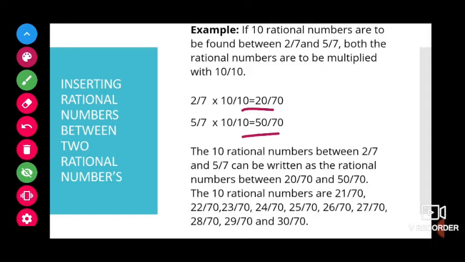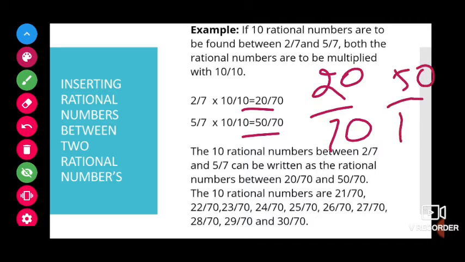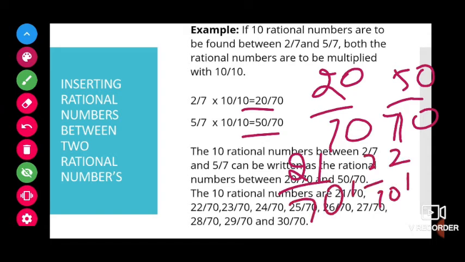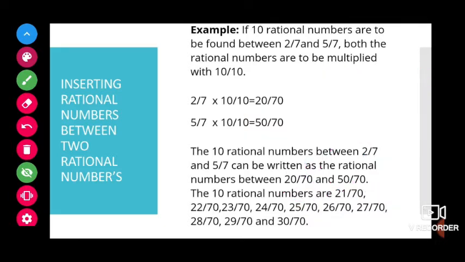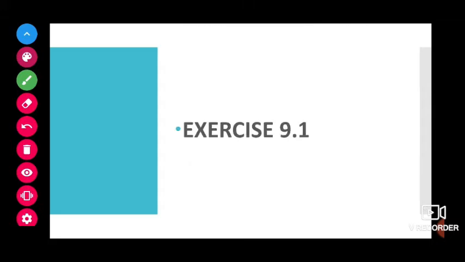Between 20 by 70 and 50 by 70 there are 21 by 70, 22 by 70, 23 by 70, like that till 50 we can write. Mostly 30 we can insert, but any 10 we will select, because we want to insert only 10.